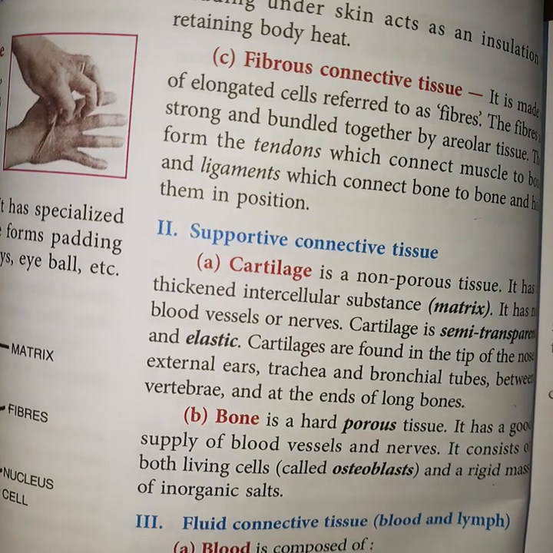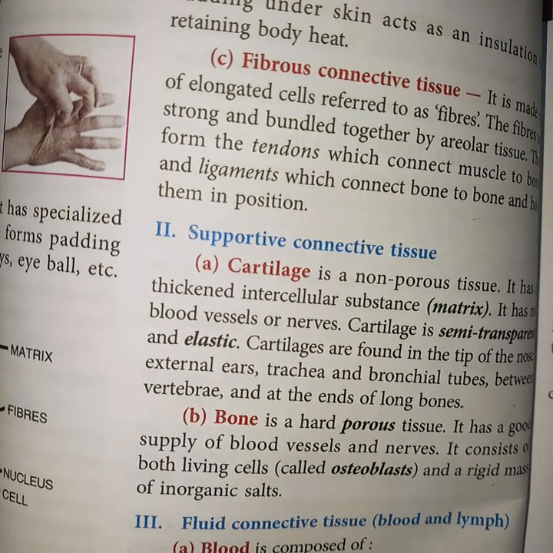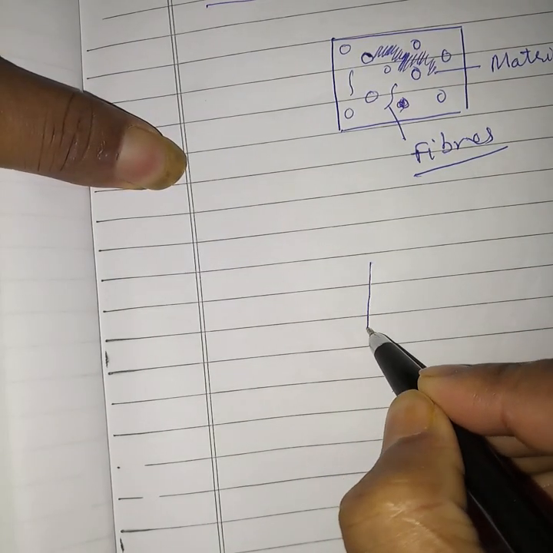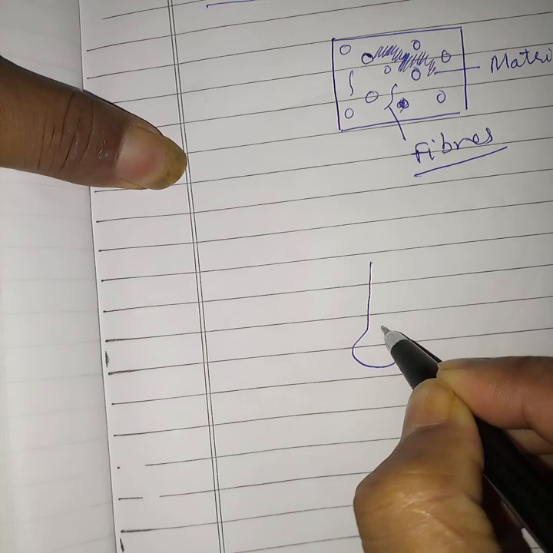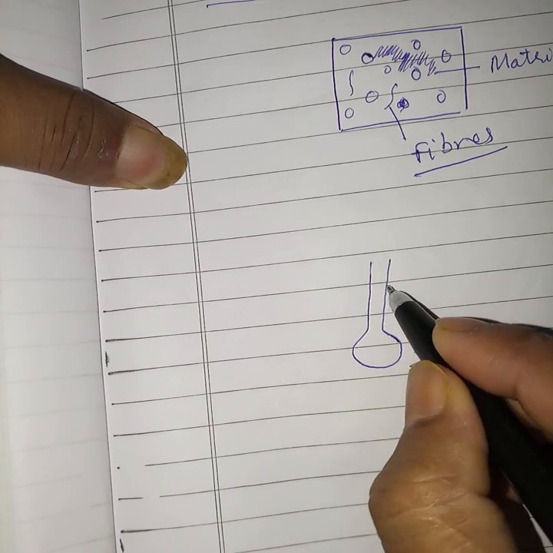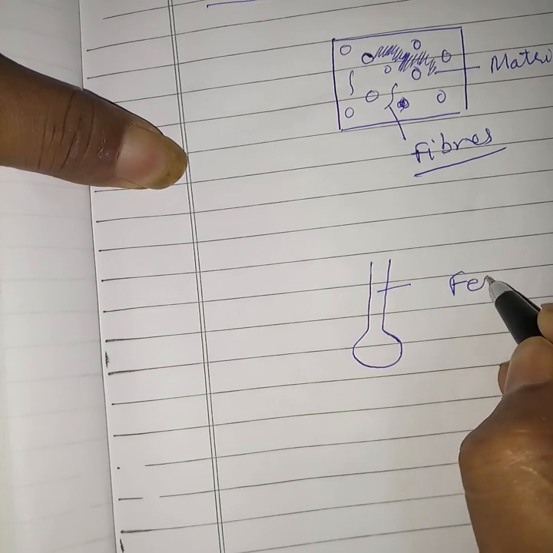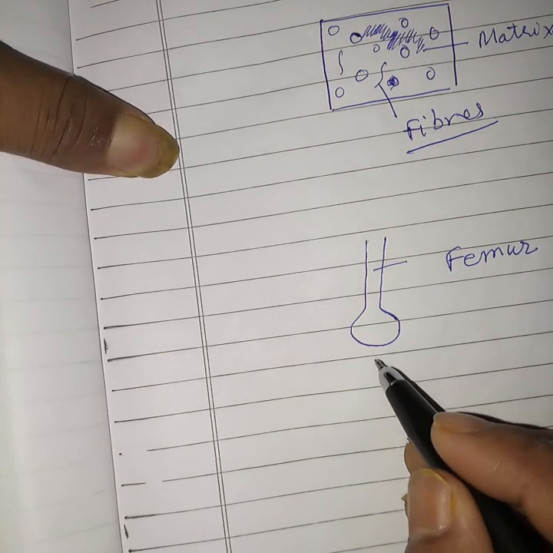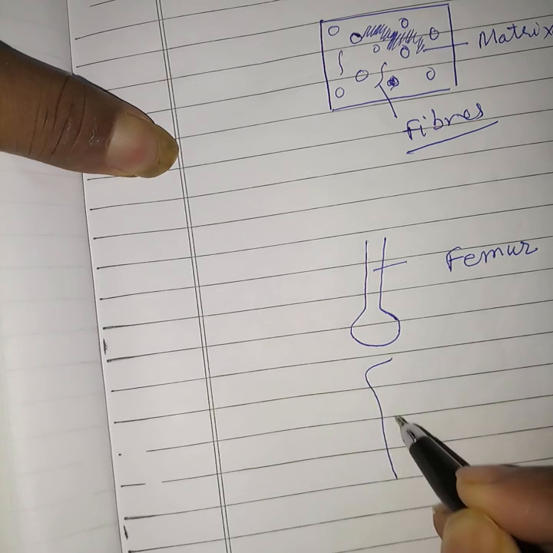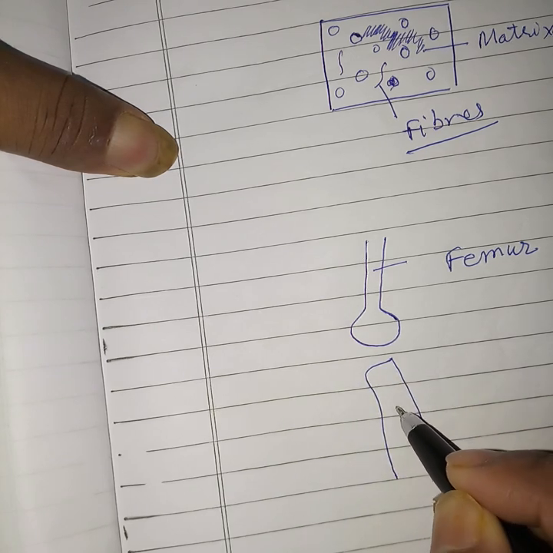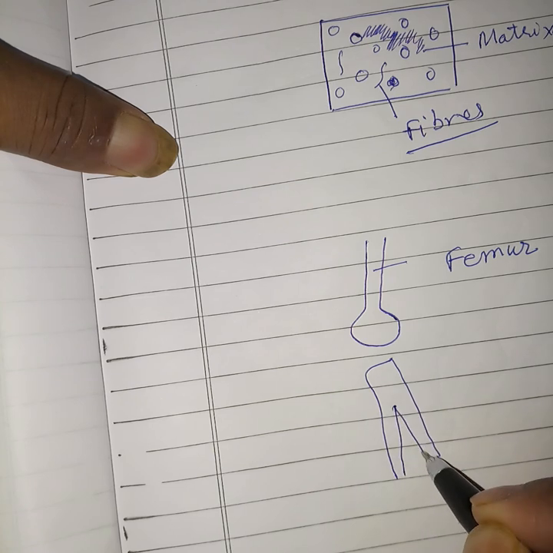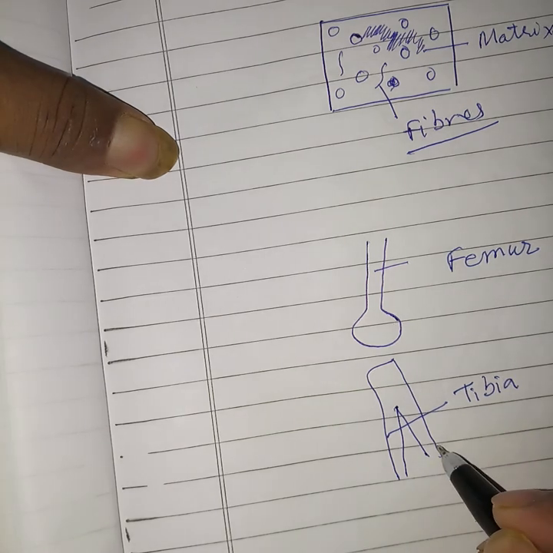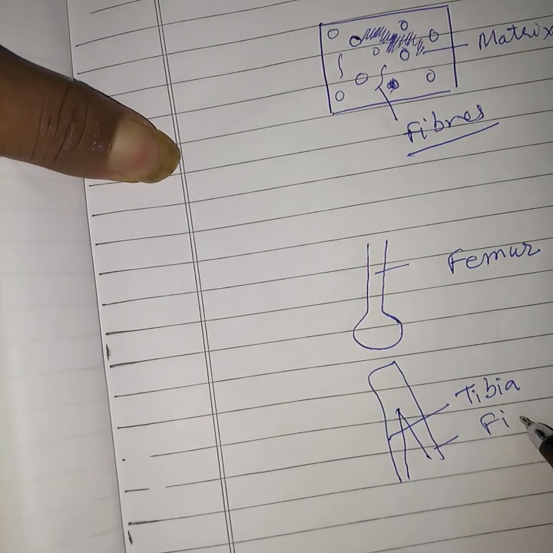So what are tendons and ligaments? Just see one figure. This is the bone of the upper limb, known as femur, also known as thigh bone. These are the bones of the lower limb, consisting of two bones known as tibia and fibula.